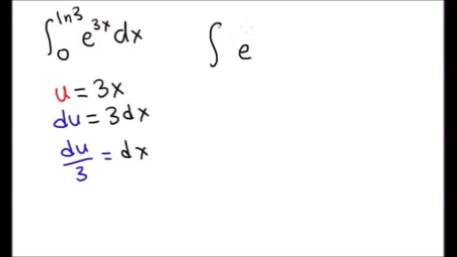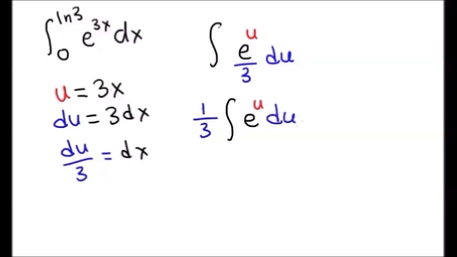Plugging this back in, we'll have the integration of e to the u over 3 du. Pulling out 1/3, we'll have 1/3 the integration of e to the u du, which will simply be e to the u over 3.